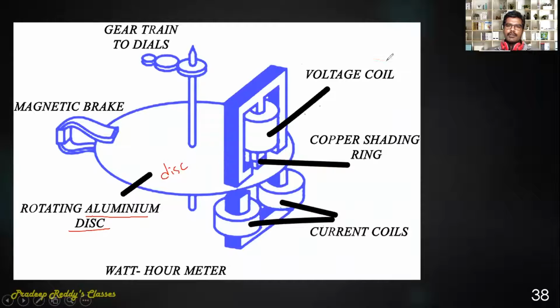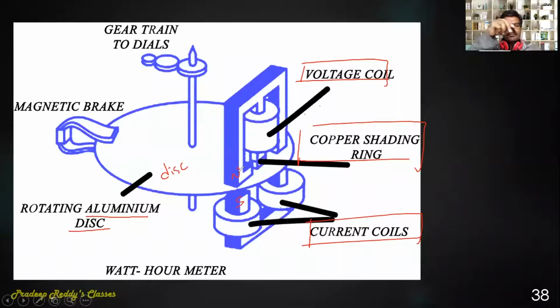Here is the voltage coil, here is the copper shading ring, and these are current coils. Current is able to pass through them, and this is north pole and south pole. Based upon how much current passes through the disc, it will be rotated. The more the rotation, the more the energy utilized in your home. The less the disc rotation, the less the energy being consumed in your home. So this is one more application of eddy currents.